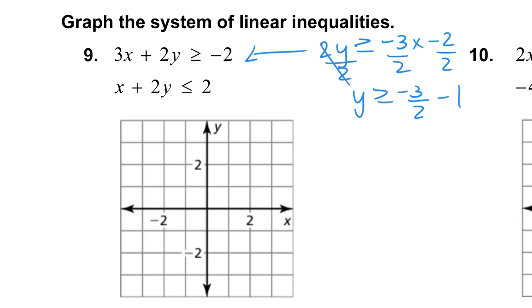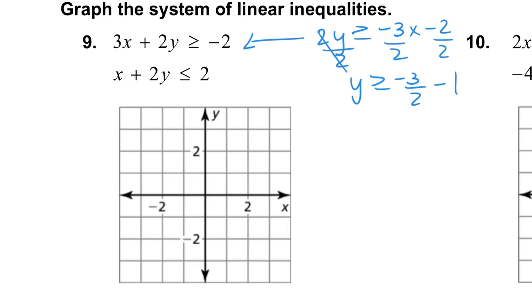I already have my first line, which is going to be a negative 1. Just right here, that's my y-intercept. 3 down, 2 over. 1, 2, 3, 2 over, and I'm going to go backwards. 3 up, 1, 2, 3, and 2 over. I'm going to have what type of line? A solid line.